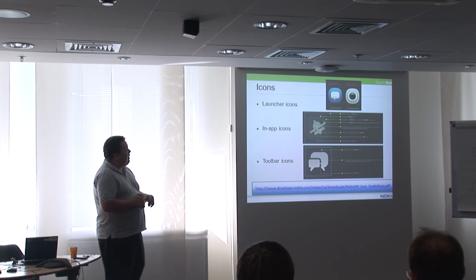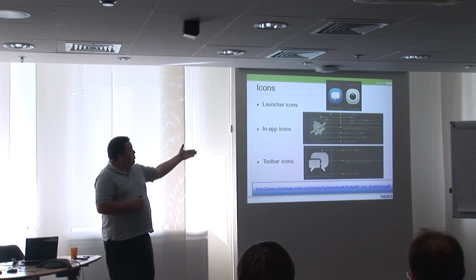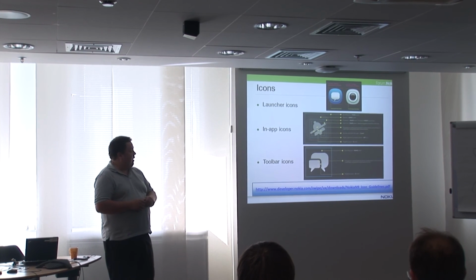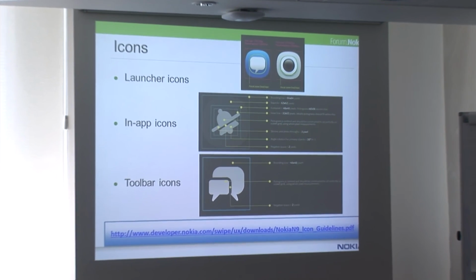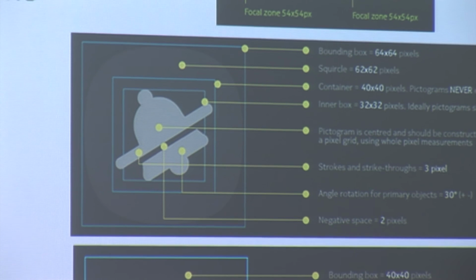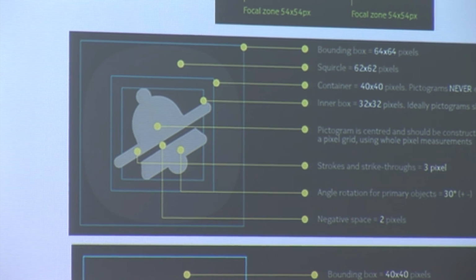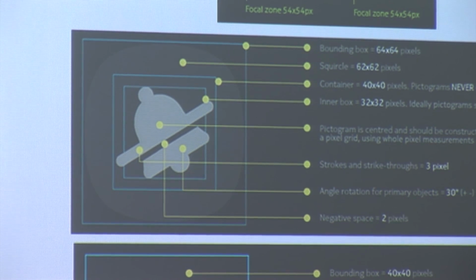There are very detailed rules on how to draw the icons in the launcher, inside the application, and in the toolbar. All the measures, the sizes, the clipping regions, everything has been defined, and of course this is too detailed information, so this is something you read on this web page.